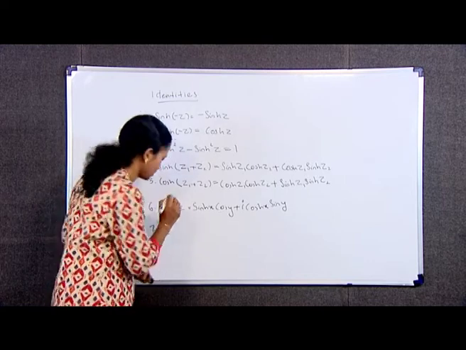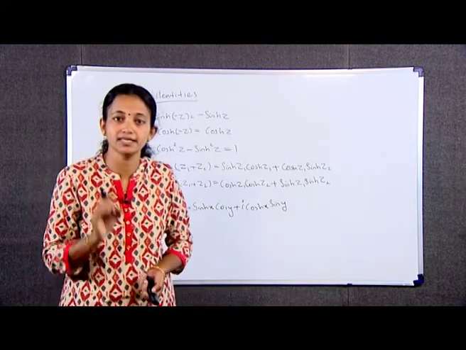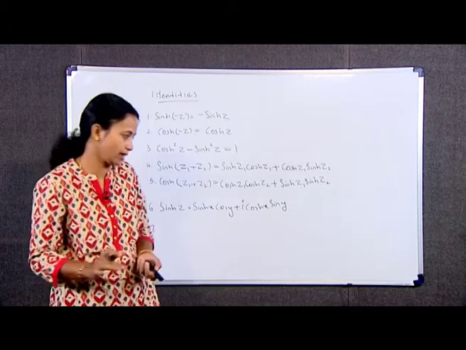Next we have the seventh identity, we have cosh z is equal to cosh x cos y.